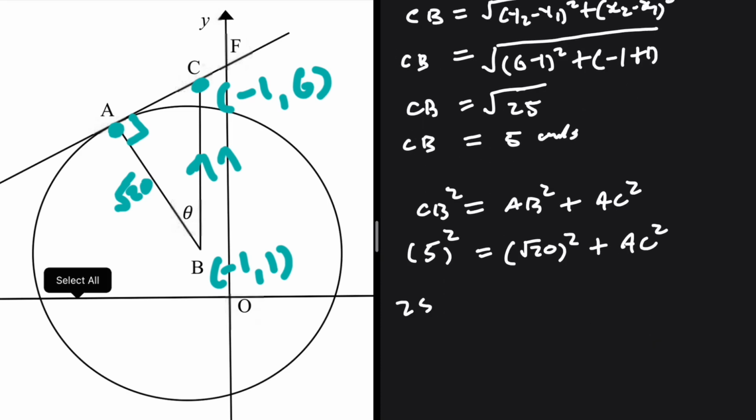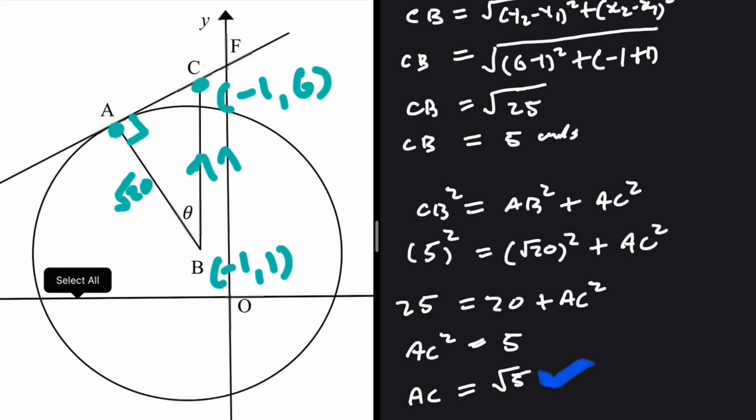So this is 25 = 20 + AC². So AC² is equal to 25 − 20, which is 5. We take square roots on both sides. AC is equal to the square root of 5. So there we go. That is AC.